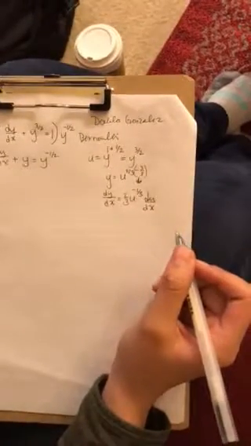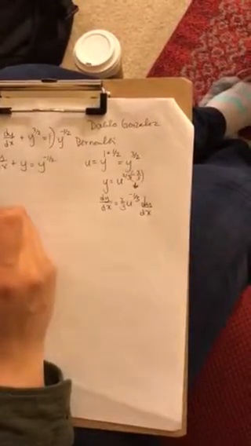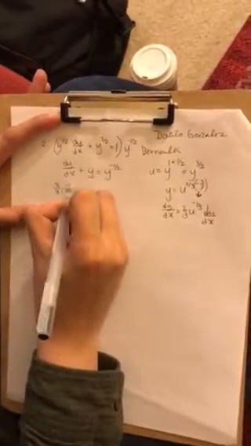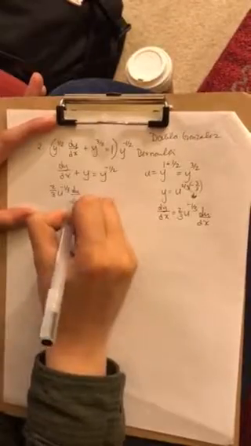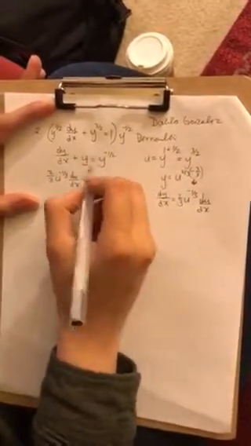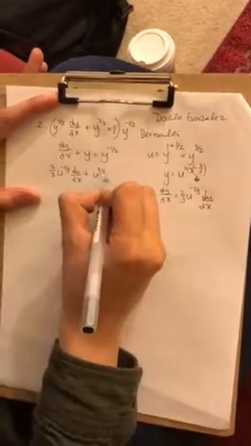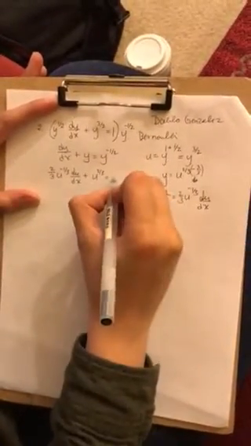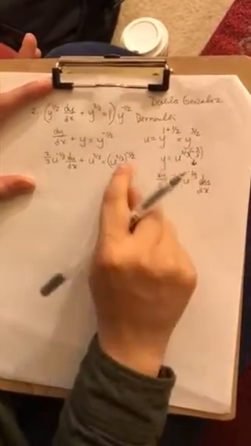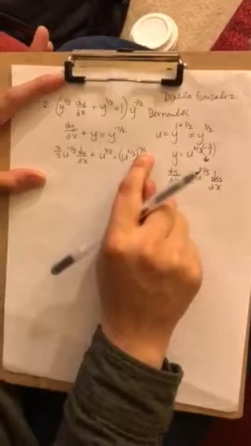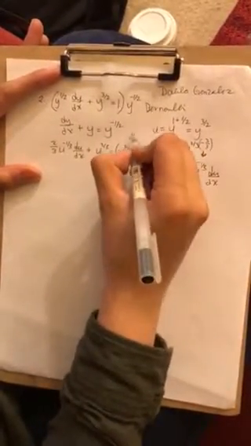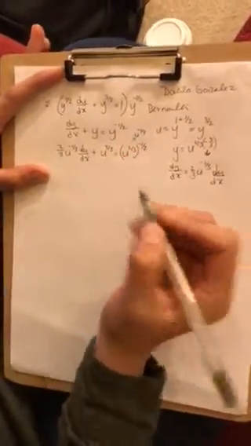So now what I want to do is replace the dy/dx, replace the y, and because this is an exponent, we want to multiply these two. The 2's cancel out, so then I get u is equal to negative 1/3.